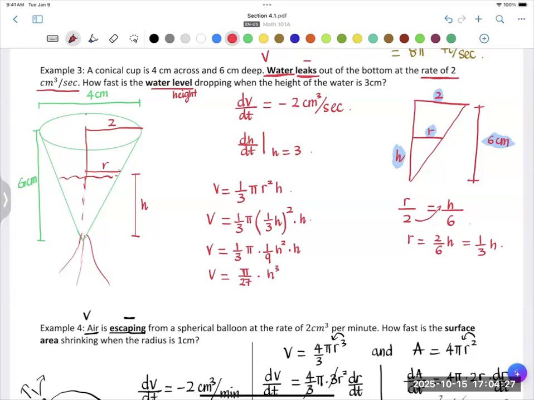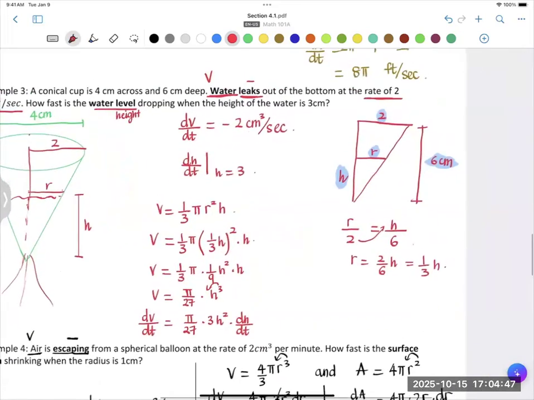And now we can take the derivative on both sides. So dV over dt will be pi over 27 times, bringing down the 3, 3h squared times dh over dt. Okay, and then we put in everything that we have. The rate of change of the volume is -2.